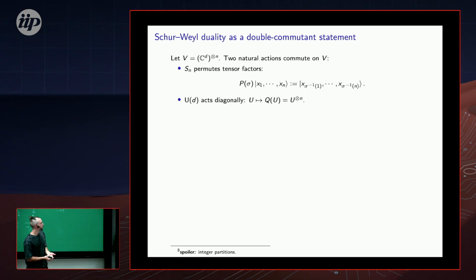And we made it to basically the instance that we are most interested in, which is these two groups and the corresponding algebras. So again, the symmetric group on n qubits, and the unitary group acting locally or diagonally on all the registers at the same time with the same unitary U tensor n.